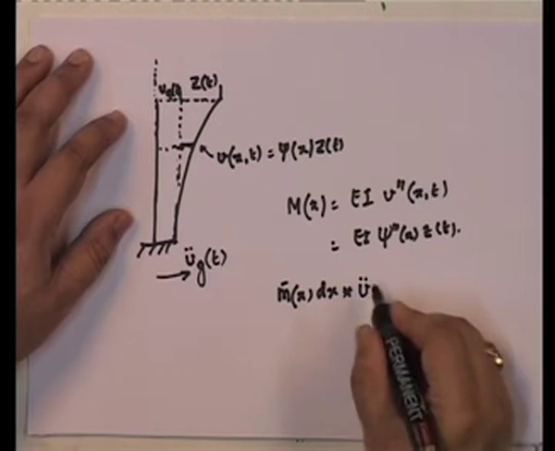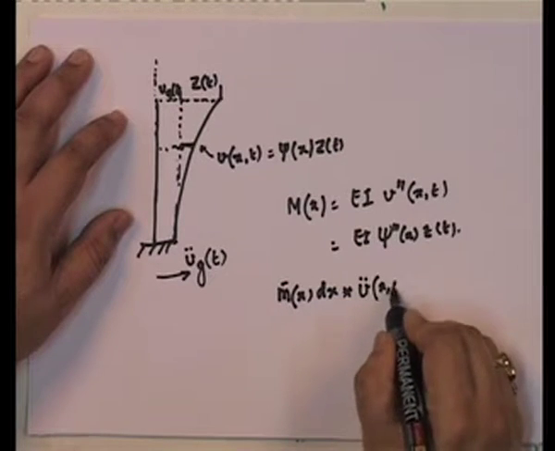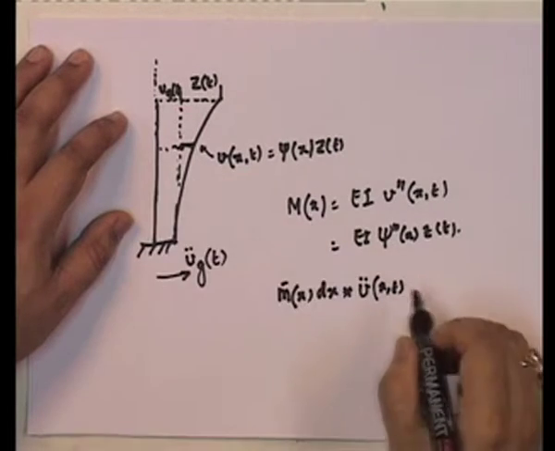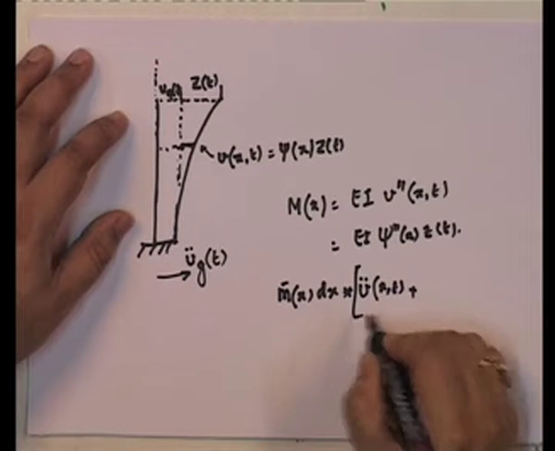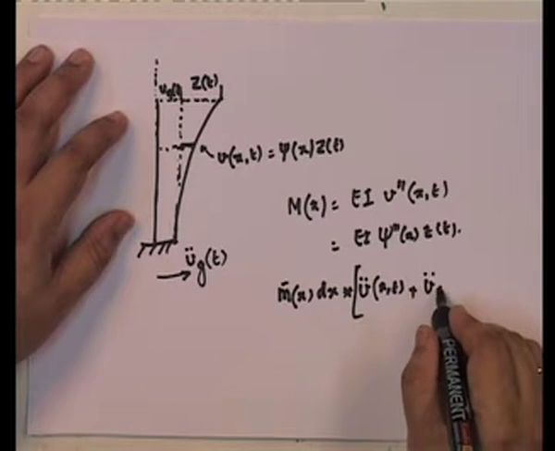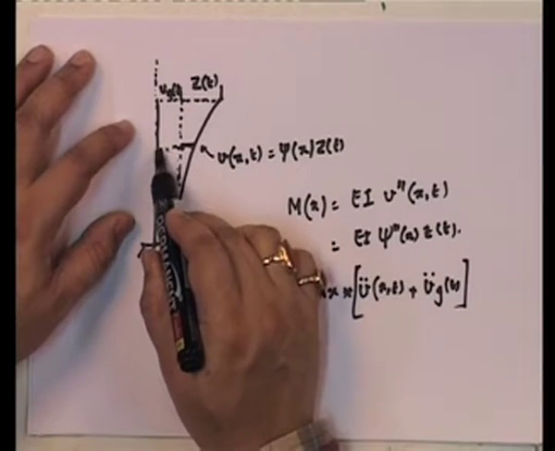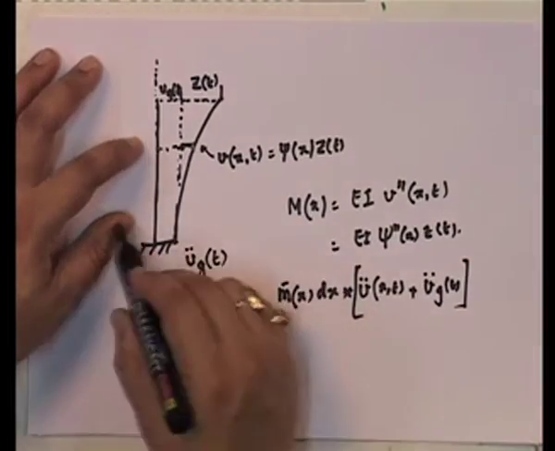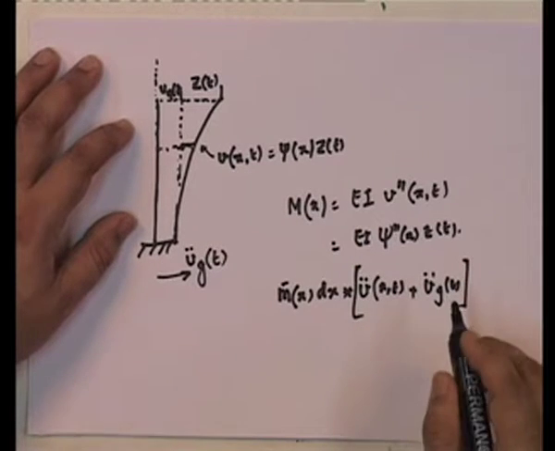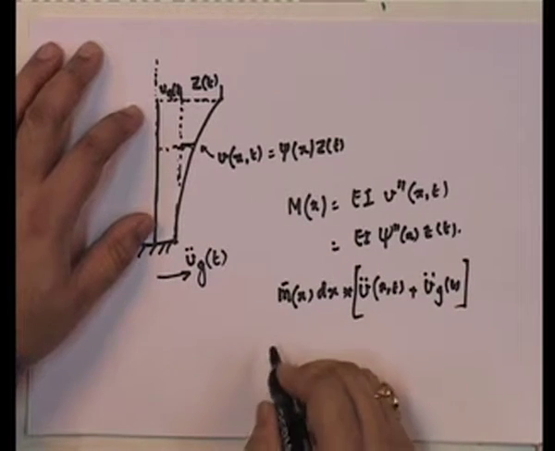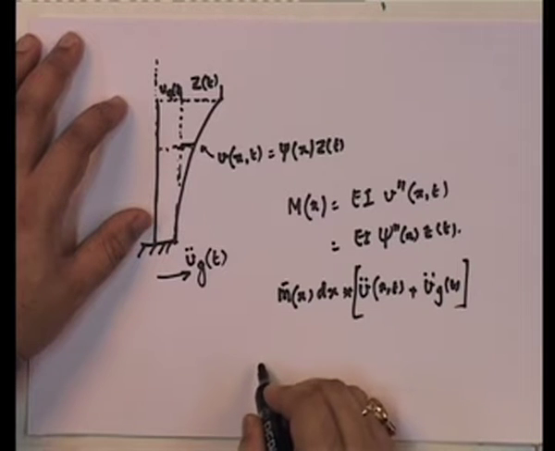and the acceleration is equal to v double dot x of t, that is this part, plus v double dot g, because that is the acceleration. The mass was here and it is here, so it is being subjected to that acceleration. So, this essentially becomes the following.